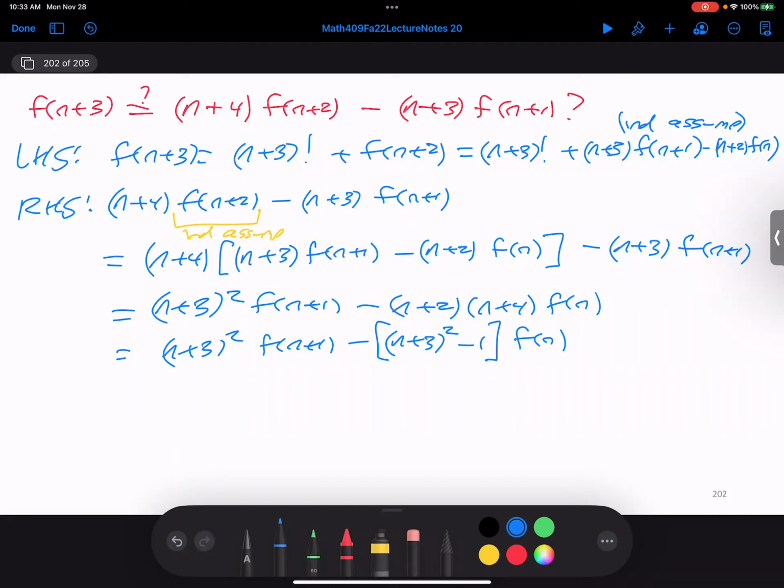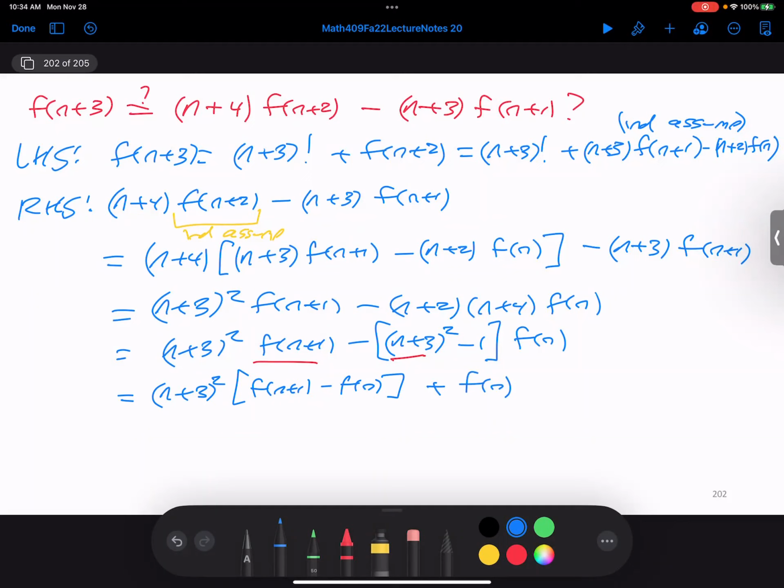I think you could reduce it down to n+3 quantity squared times n+1, as the other terms will cancel out, times n+1 factorial. So when I combine these terms over here, I'm going to get n+3 squared fn plus 1 minus fn plus fn.